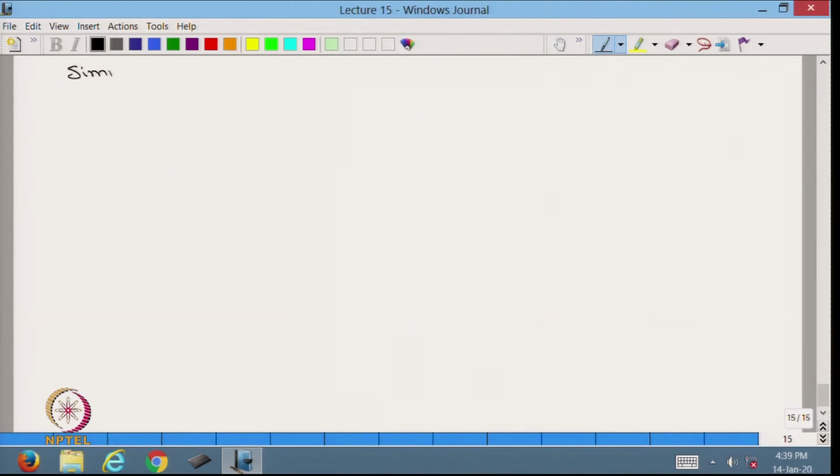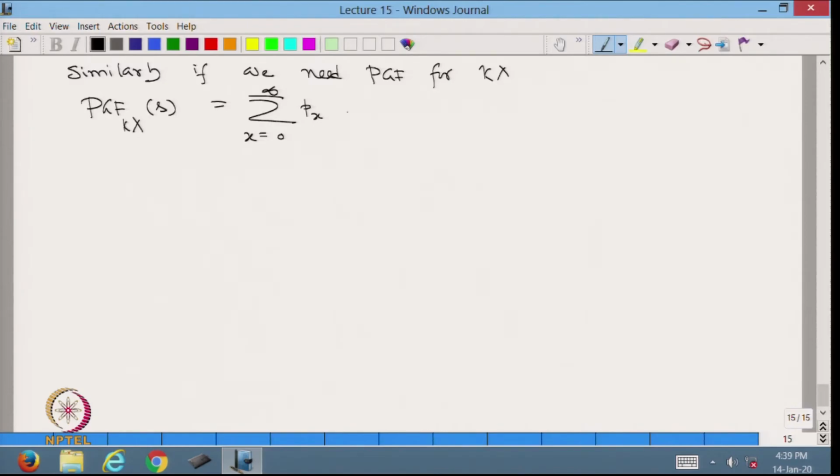Similarly, if we need PGF for kx, that is PGF of k times x at a point s is equal to sigma x is equal to 0 to infinity p_x into s to the power kx is equal to PGF of x at s to the power k.